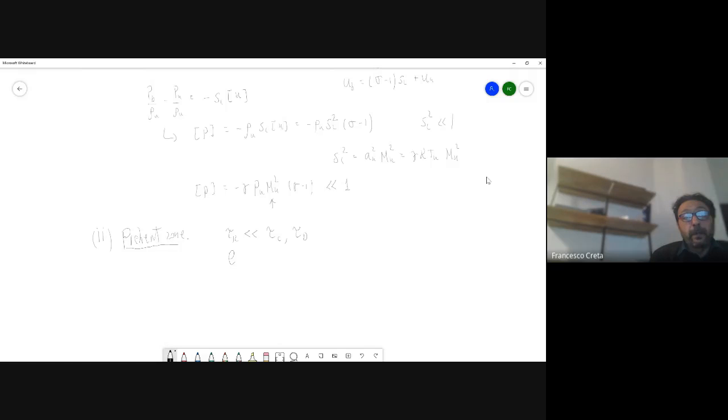So the length of the reaction zone is actually much, much smaller than some, say, a convective, whatever that means, length scale and a diffusive length scale.